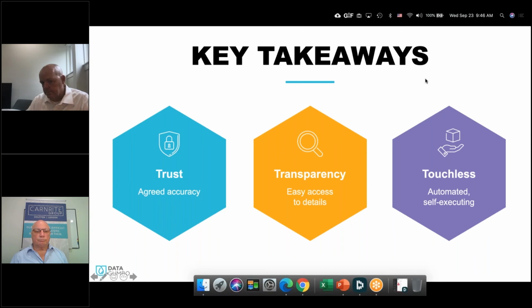And how will Data Gumbo and CARNRITE Group work together? Is that a partnership there? So we would sit down with a company. We have what we call a recipe for success. How do we engage with a company about looking at the contracts, looking at the data, looking at how the actual technical pieces of the puzzle are to be solved.